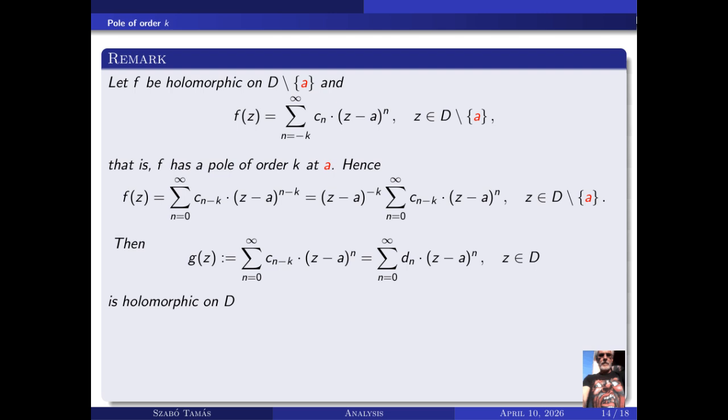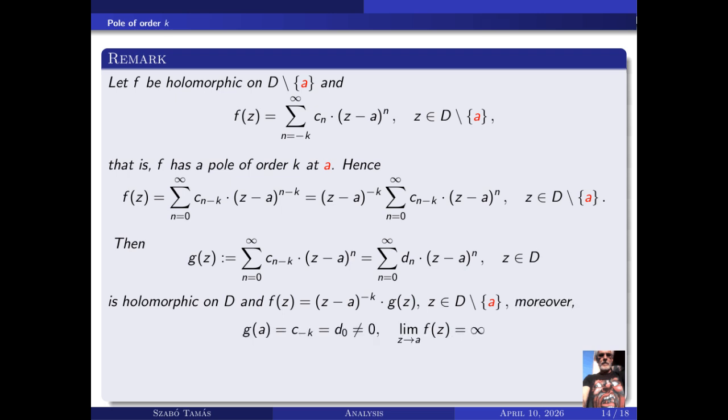Then g is holomorphic on D, and f(z) = (z − a)^{−k} g(z) on D minus the point a. Moreover, g(a) = c_{−k}, which is not 0, and the limit of f(z) as z tends to a is infinity. Also, c_{−1} equals the (k − 1)th derivative of g at a divided by (k − 1) factorial.